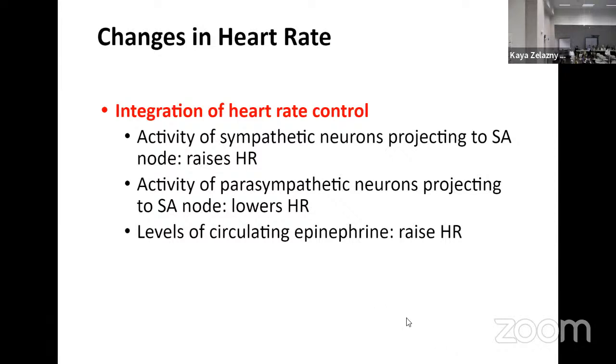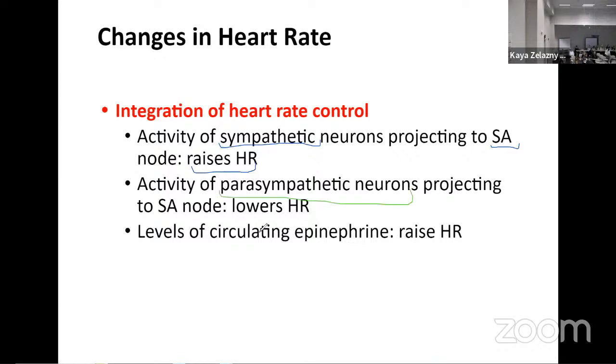Okay. So in summary, the ways that we can affect our heart rate, right? These are just the same thing that we just talked through on each of the slides, right? Sympathetic neurons go to the SA node and they raise the heart rate. Parasympathetic neurons go to the SA node also, but they lower the heart rate.